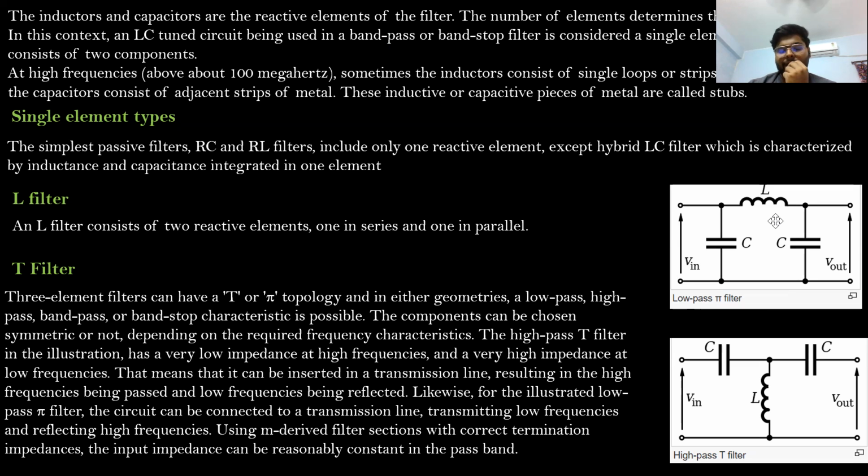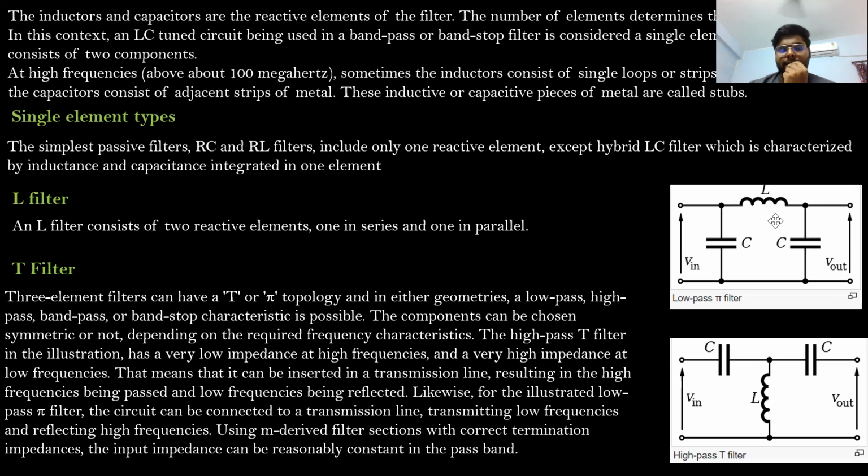Now we will move to another type, the shape filters. In these shape filters, we will know about the L filter and T filter. First, we will discuss the L filter shortly. An L filter consists of two reactive elements, one in series and one in parallel. Now, the T-shape filter we will talk about.